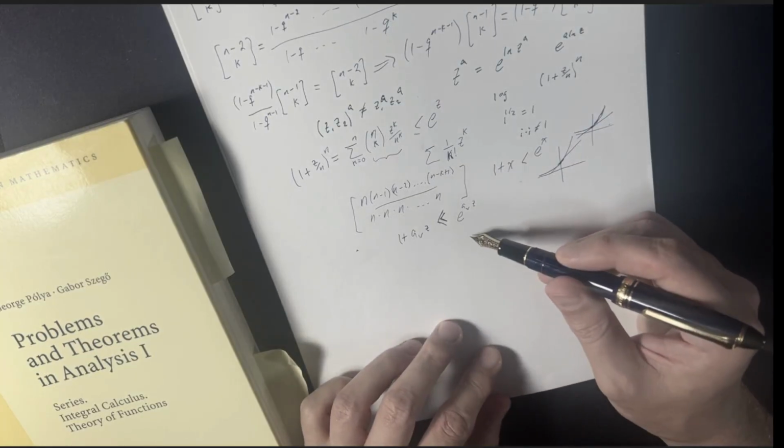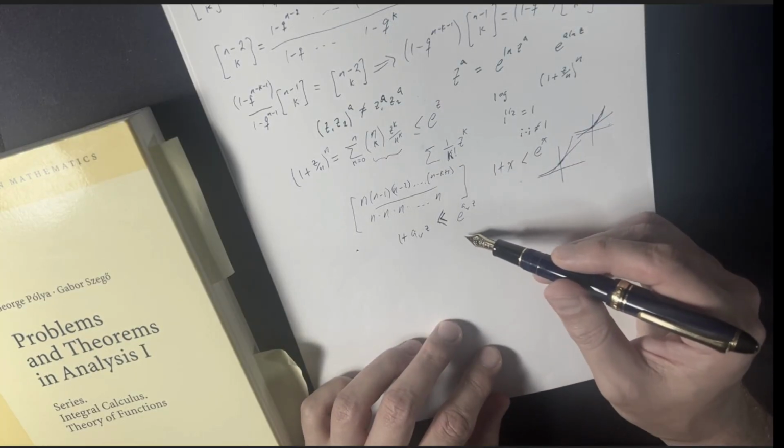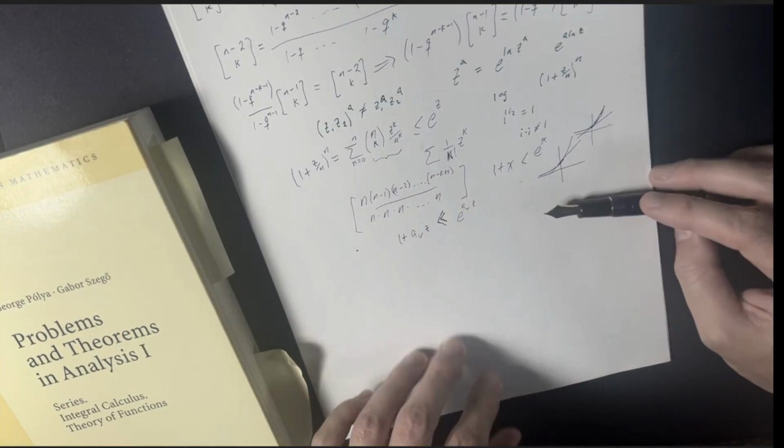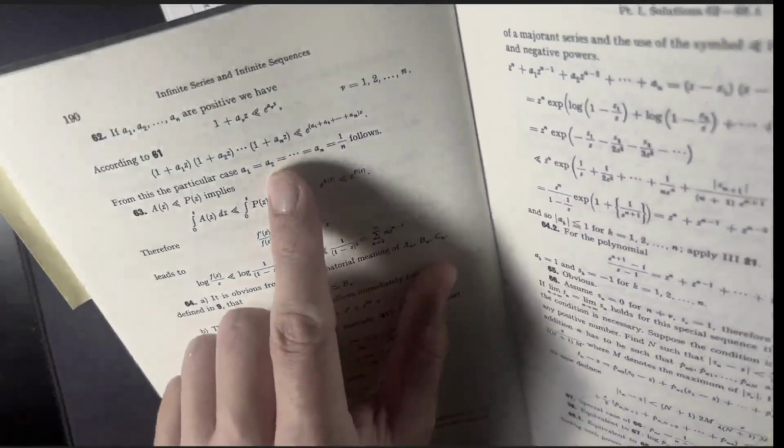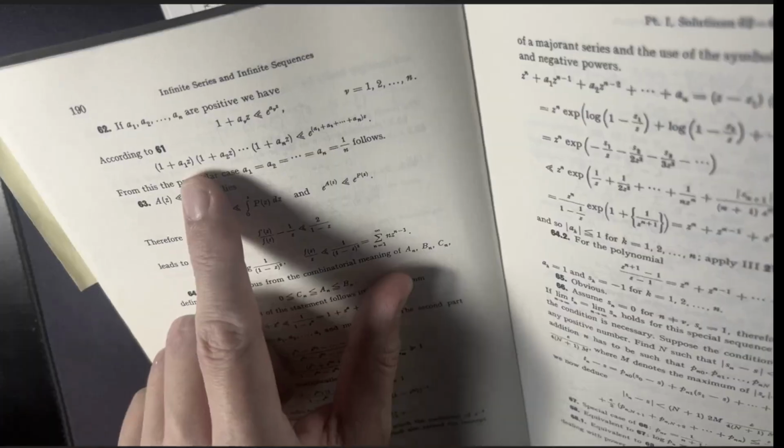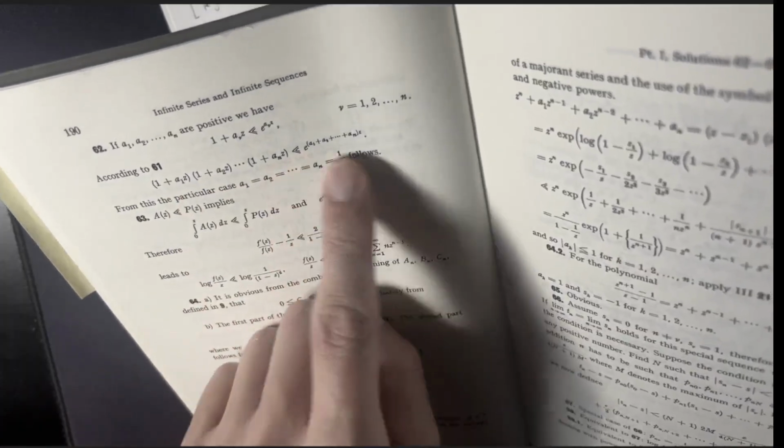But then he basically took a product, which is where I'm not sure what that has to do with 61. Anyway, you can just let the a1s be 1 over n, and you'll get exactly what we were talking about.